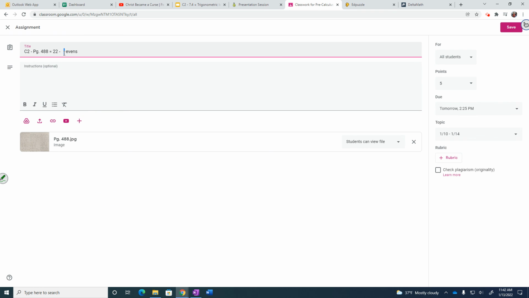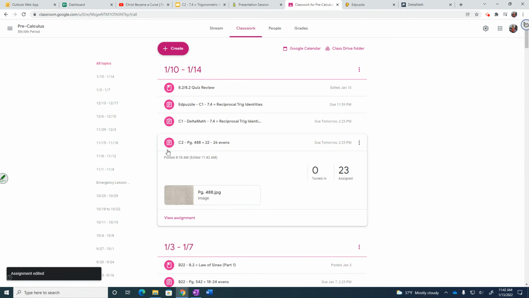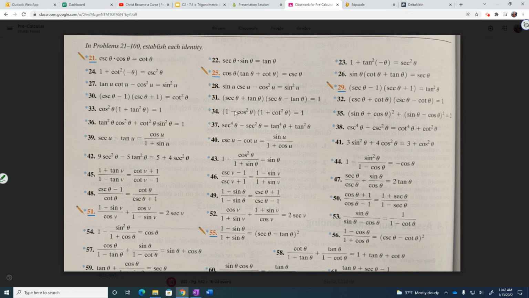Let me go ahead and change it here. It would be fun to see if I gave you all of them, how many people would come to school with all of them done. Yeah, that would be kind of ridiculous if you had to do all those in one night, especially these fraction ones. Oh, 400.